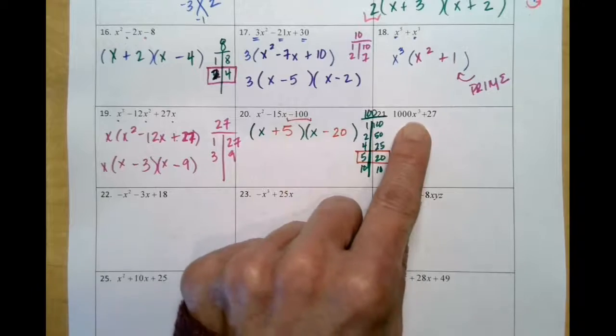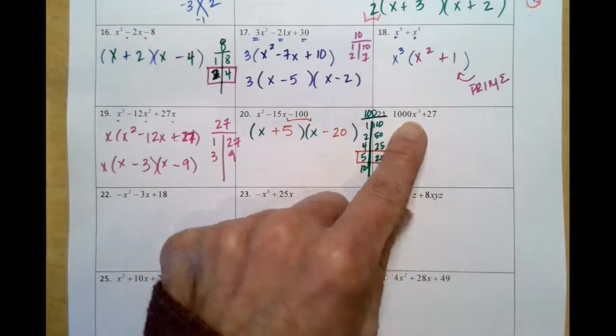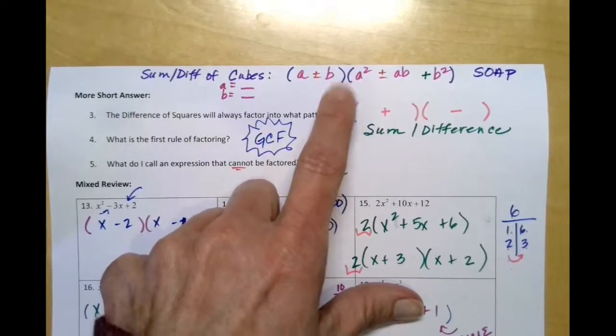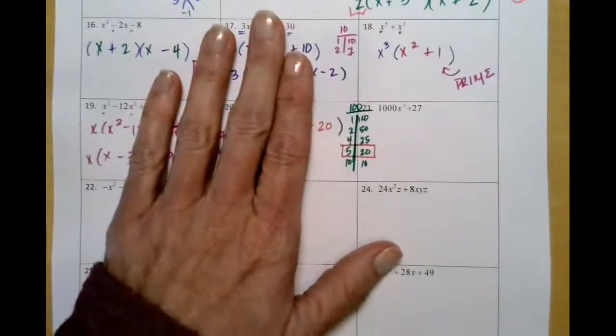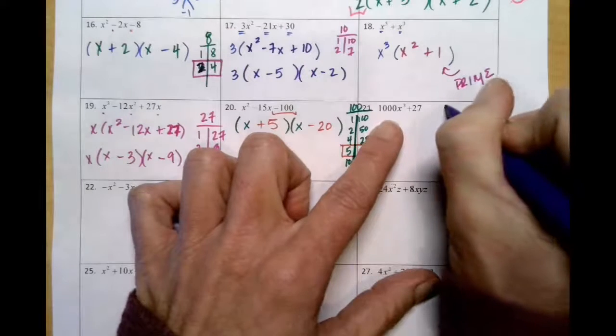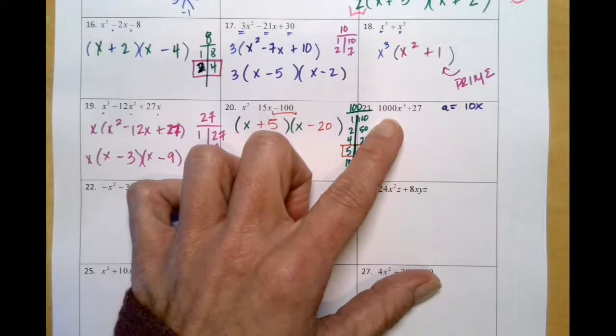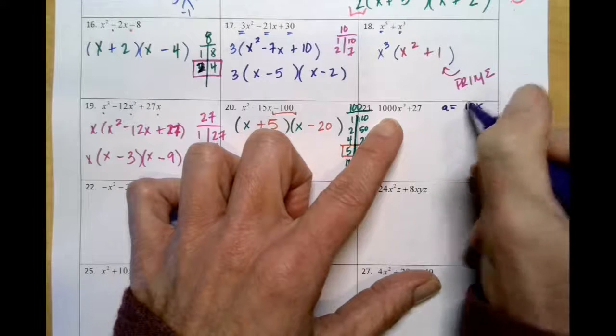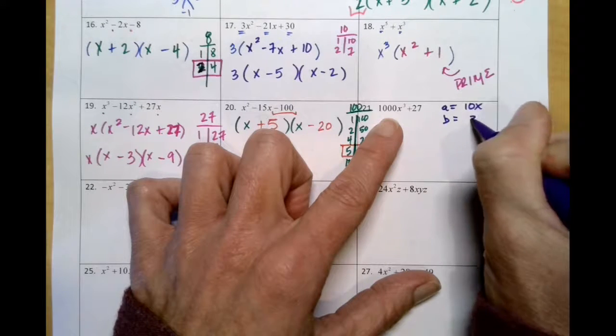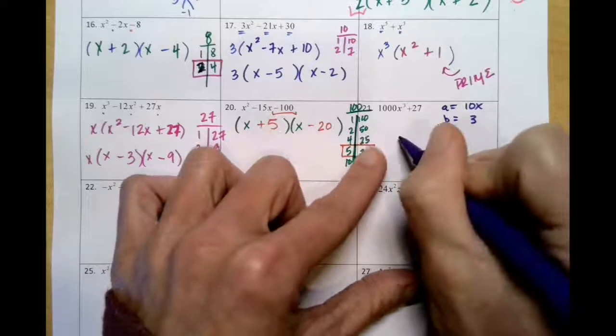All right, here we have a sum of 2 perfect cubes. So I'm going to use this pattern from earlier, and we'll say A has a value of 10x because that's the cube root of 1000x cubed, and B has a value of 3 as the cube root of 27.